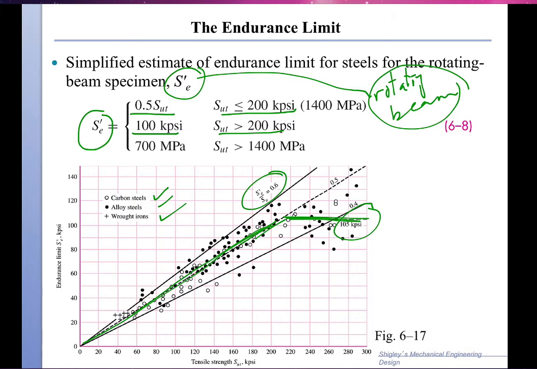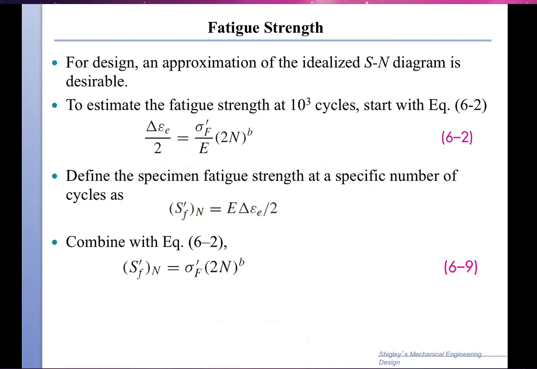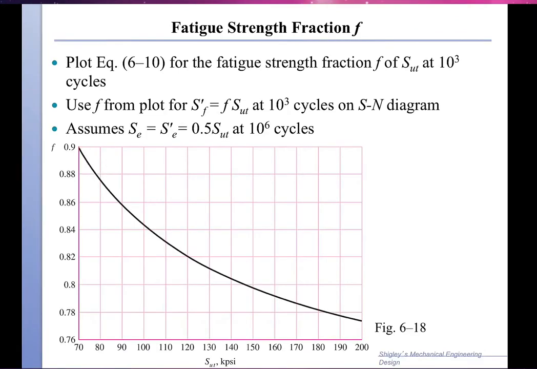So now we have the endurance limit from the ultimate, and now there's a procedure in the book to find F, but the bottom line is that we have failure SF prime at 1000 cycles at that level of the fully reverse applied stress. So F times S ultimate.